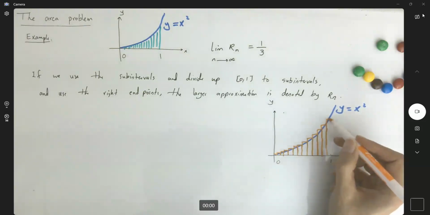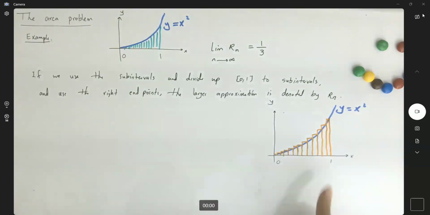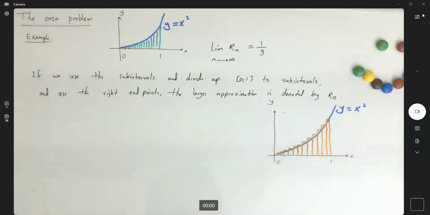That's why we have larger rectangles. So if we add these together, suppose these are very small, the limit as these sub-intervals are getting smaller and smaller is going to be 1/3.